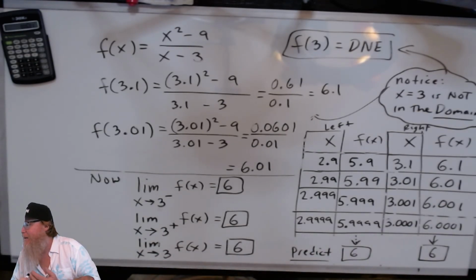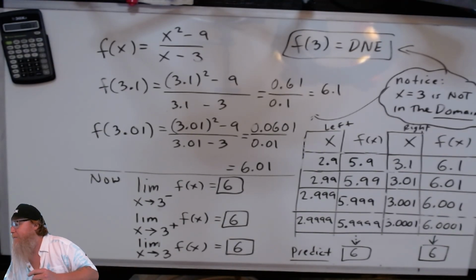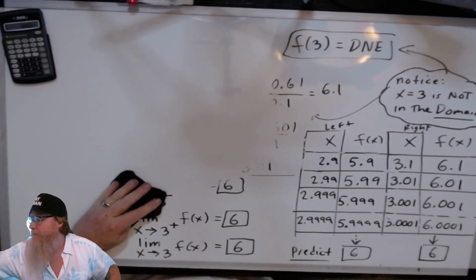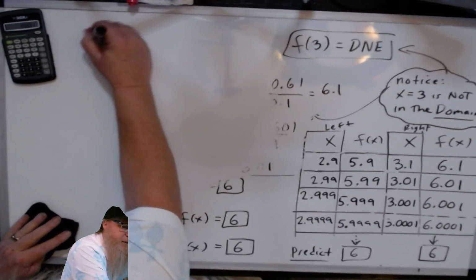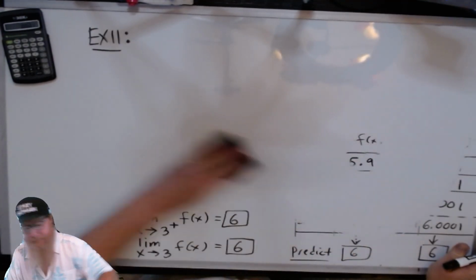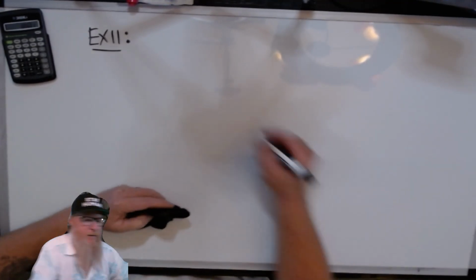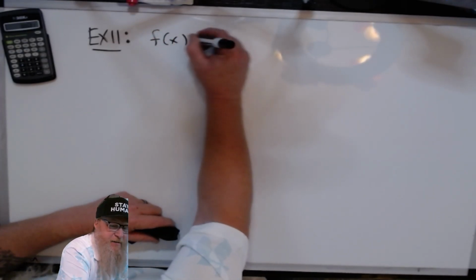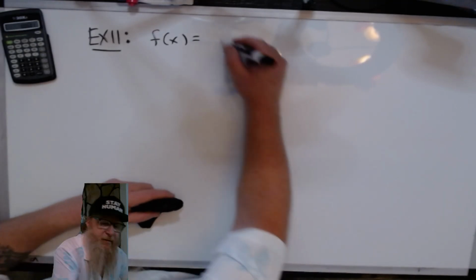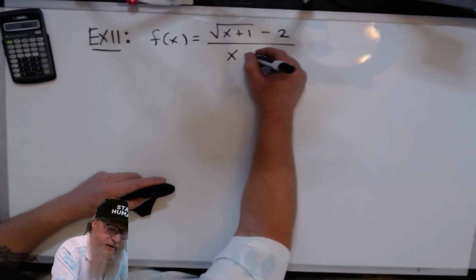All right, so let's do another one. How about example 11? f of x is the square root of x plus 1, minus 2, over x minus 3, again.